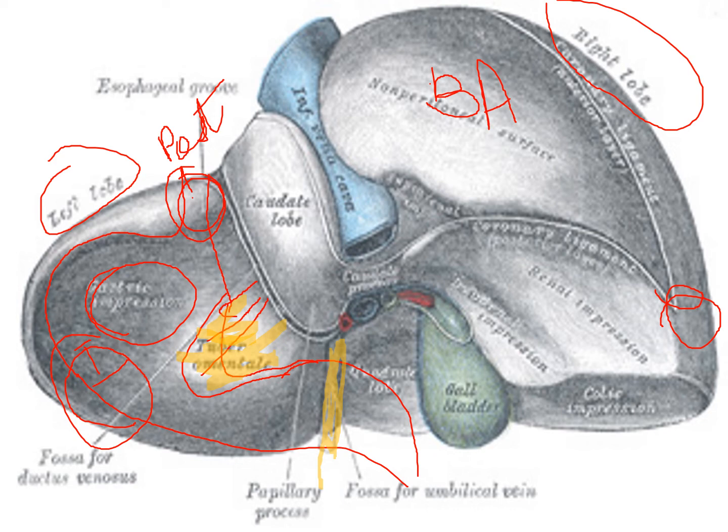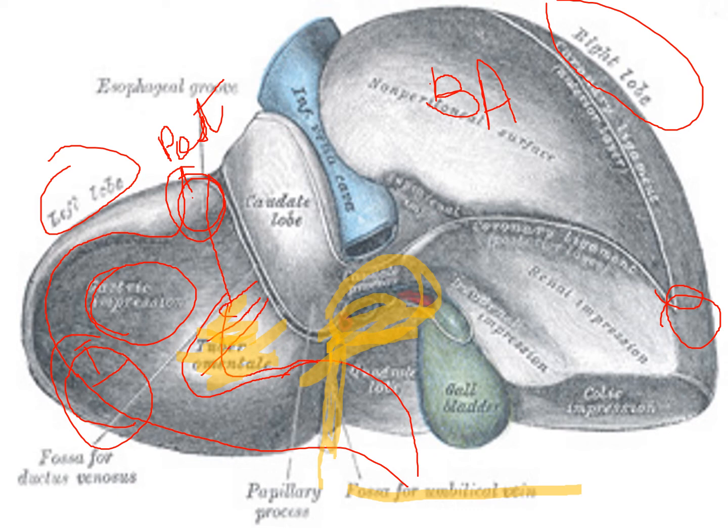This is the porta hepatis, you can see. From here, this is the fissure for ligamentum teres hepatis, and this represents the obliterated left umbilical vein, which will be asked in MCQs.